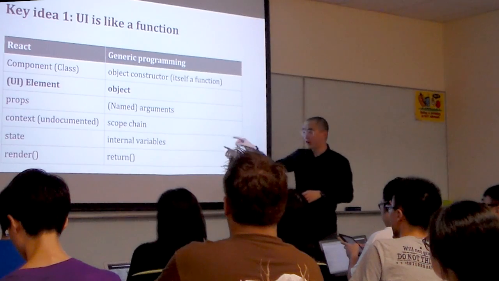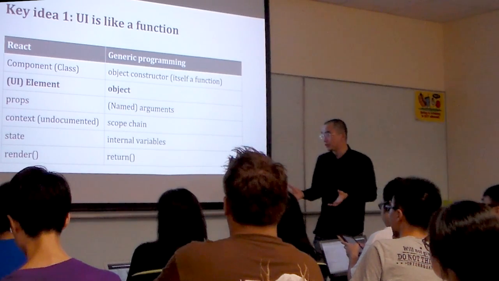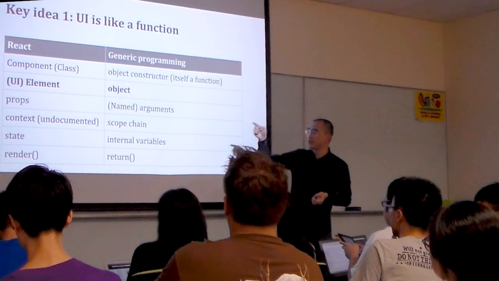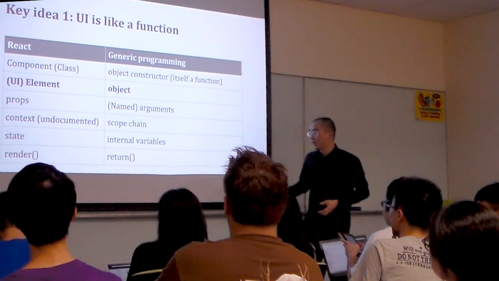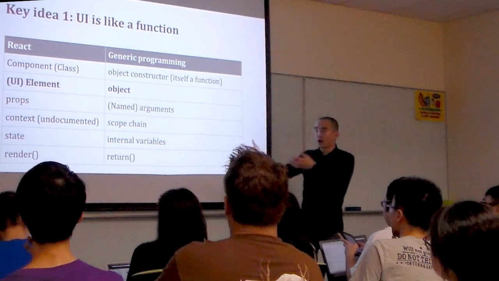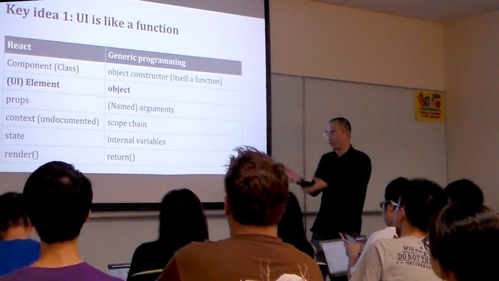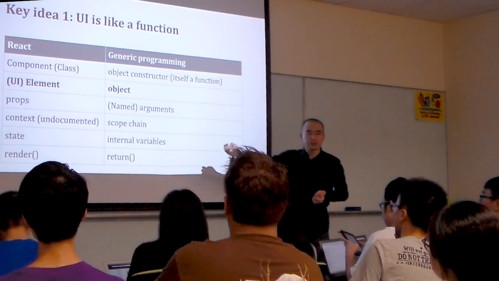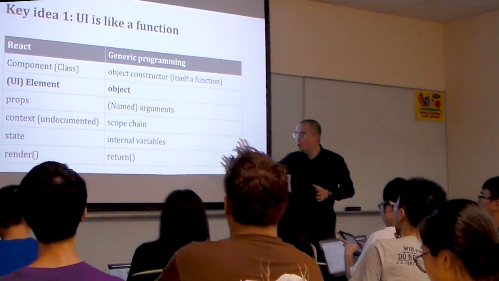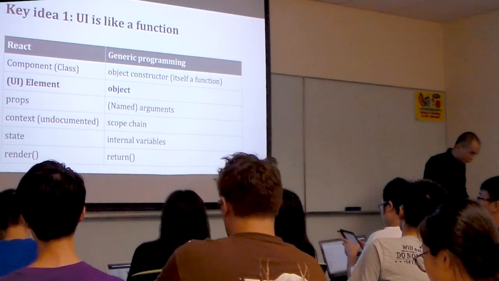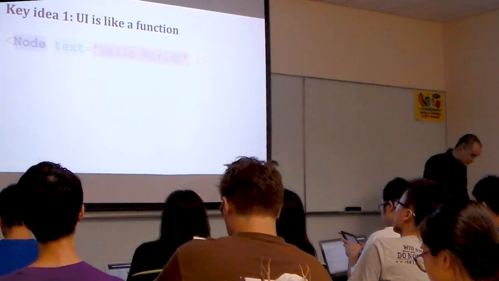And in a function, there are internal states, right? Internal variables, you need those internal things. And in React, they're just called states. And a function returns a value, an object constructor usually returns an object, right? In React, it just renders. It's almost similar, and we will see this parallel very soon.